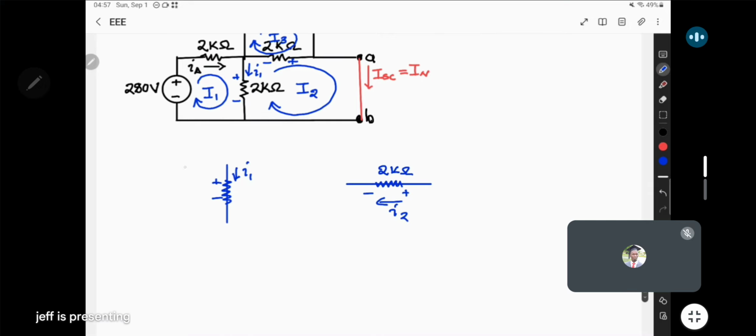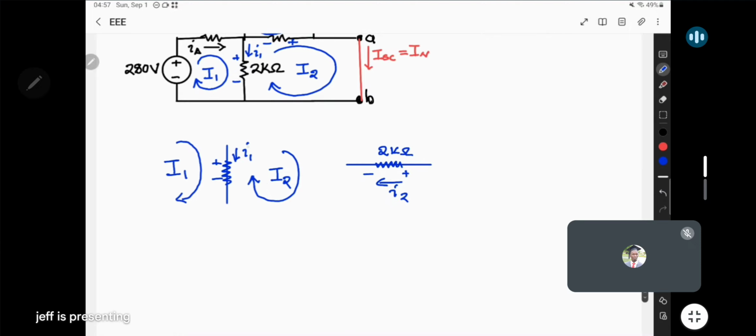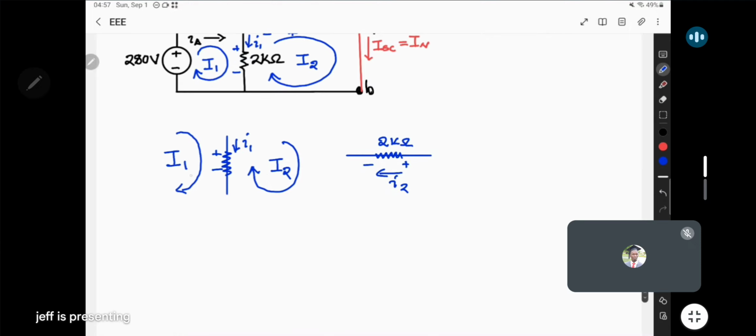Now look at what is happening here. Here you have the mesh current going this way. This is I1. And then you have the mesh current going this way. This is I2. So how do the two mesh currents relate to the branch current? Here you have to see that I1 will be equal to, so which of the two is in the same direction with I1?